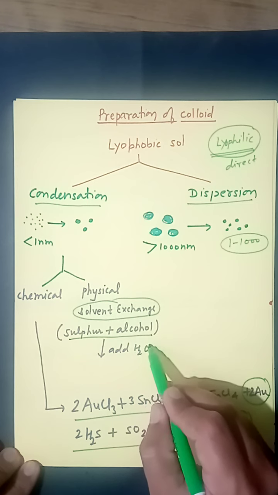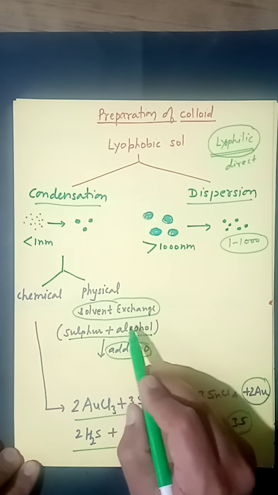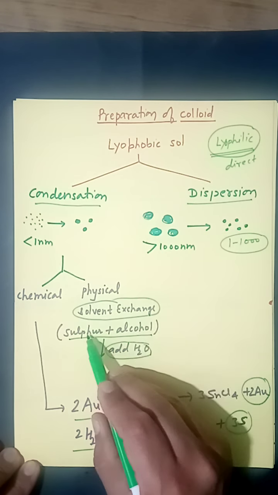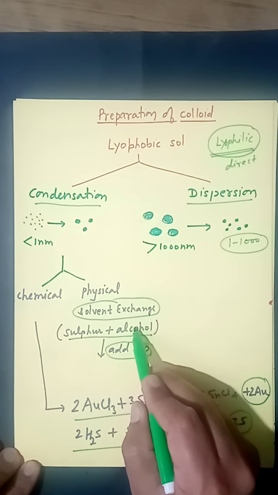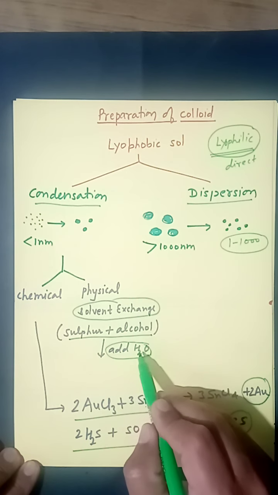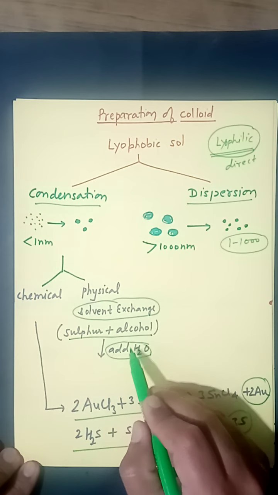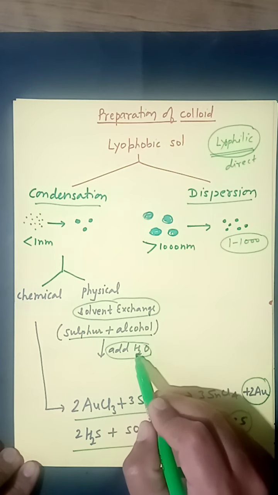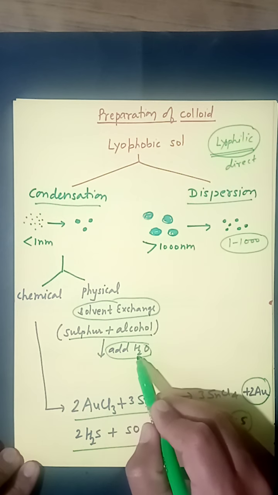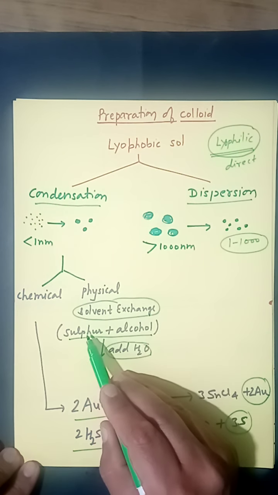Now we will add a liquid in which the solvent of the previous solution is soluble. Here the solvent is alcohol. Alcohol is soluble in water, but sulfur is insoluble in water. So here alcohol dissolves in water, and therefore sulfur particles aggregate and form bigger particles of colloidal dimension.